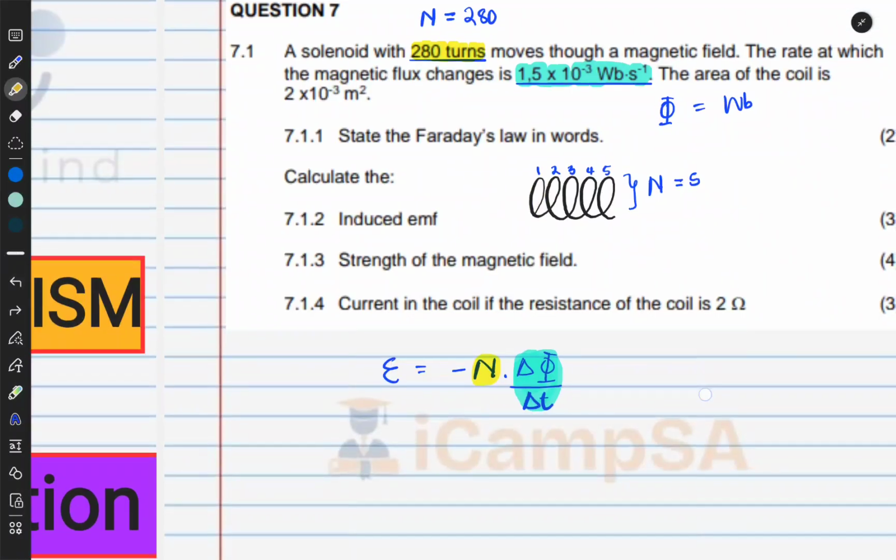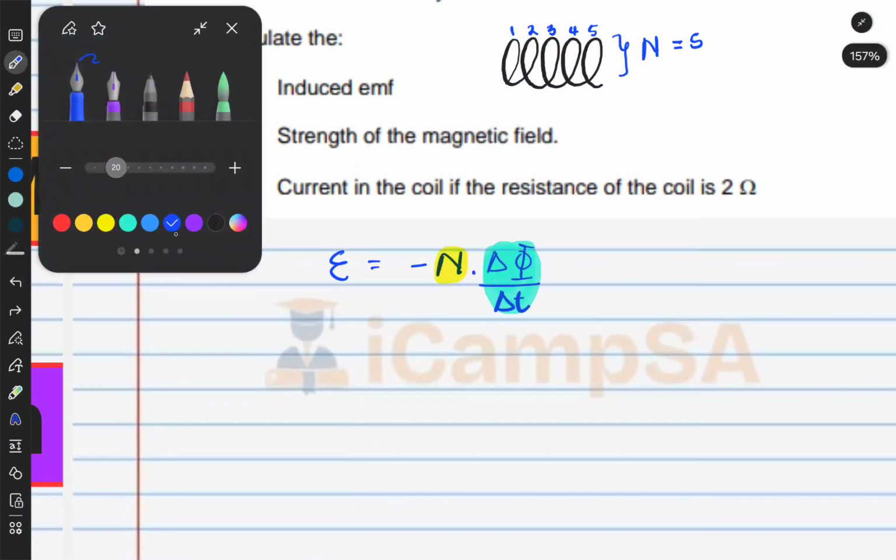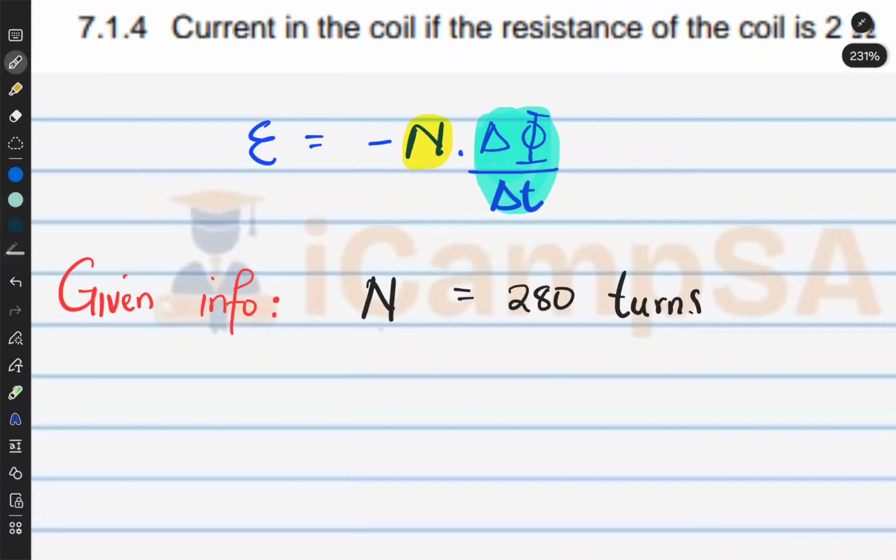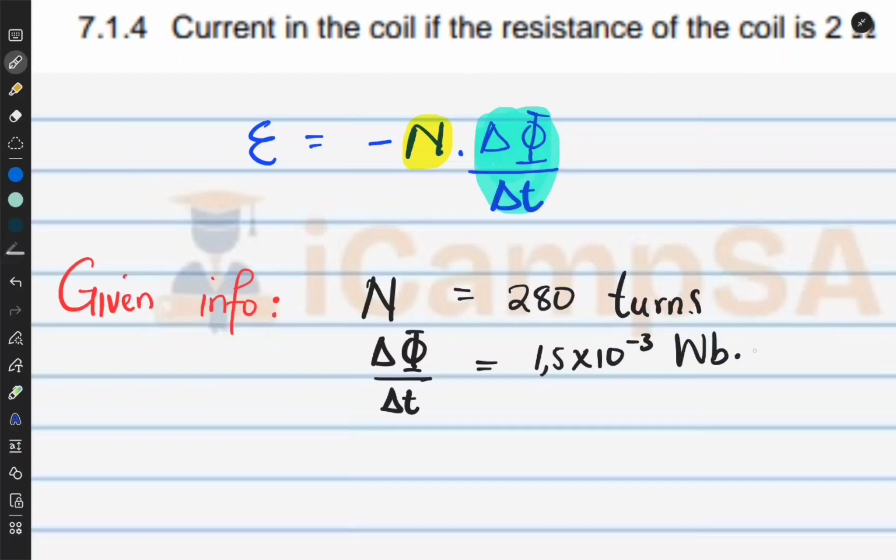And then if we were to list our given info, we would say N is 280 turns. We know as well that delta phi over delta t, which is our rate of change in the magnetic flux, is 1.5 times 10 to the power minus 3 webers per second.